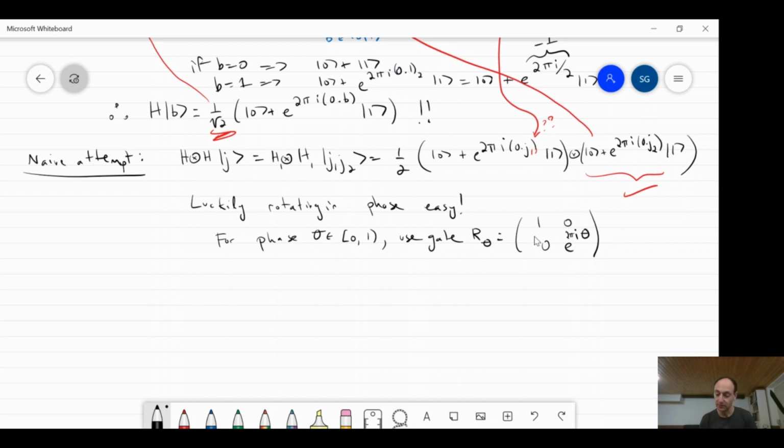And what this will do is, the action of this thing on 0 is just, well, nothing, right? Remember what this does is when I apply the matrix to the first column, this ket 0 just rips out the first column. And when we do this, it will give me a phase of e to the 2 pi i theta 1. Okay, so it's exactly what we're looking for.